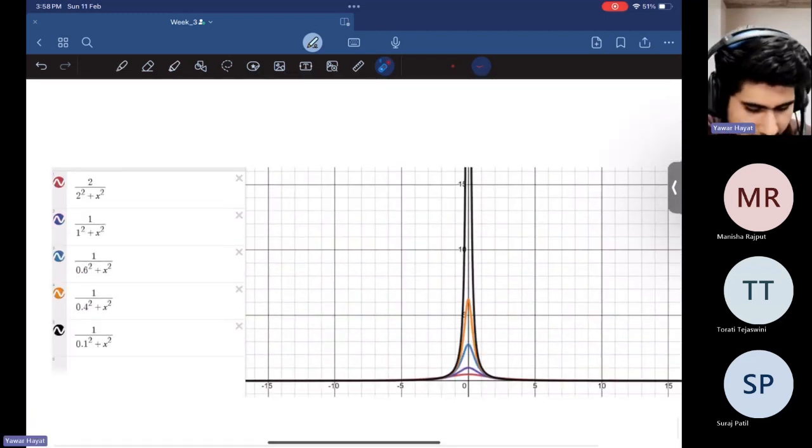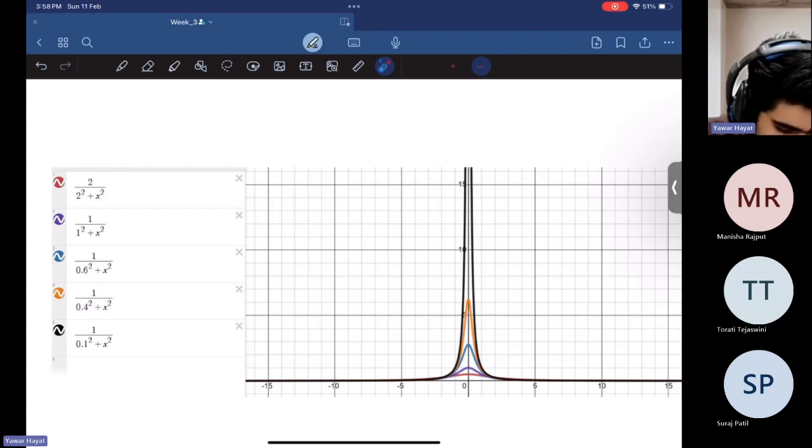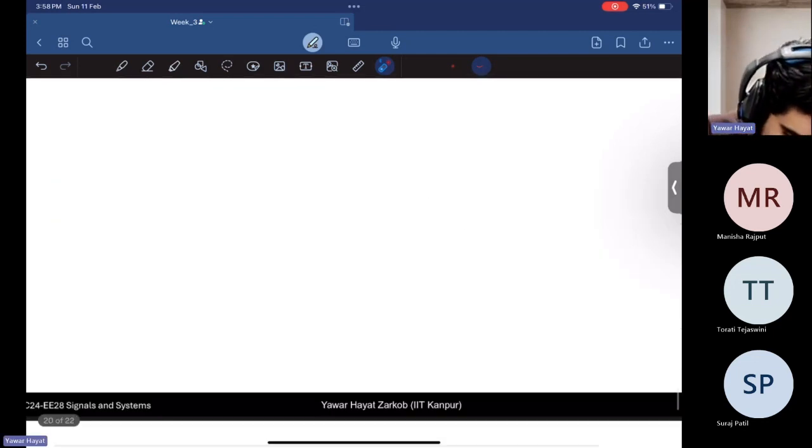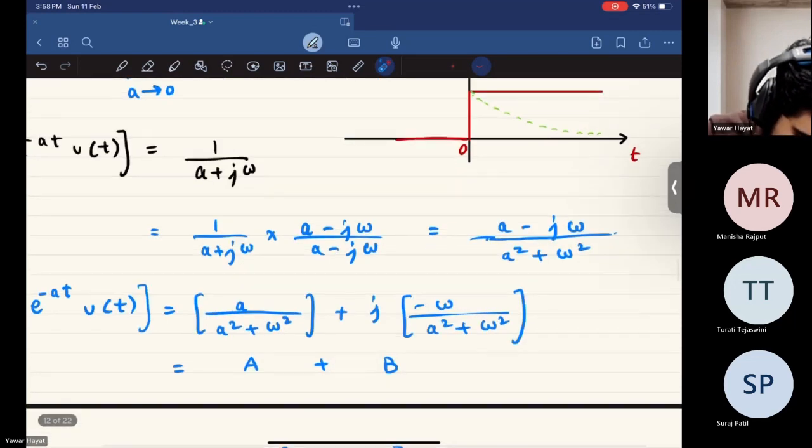So what do you guys think? Firstly, have I taken the form correct? 1 by, what was the form? This one, right?